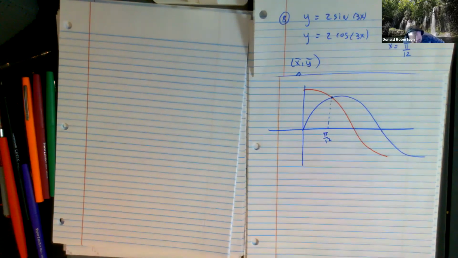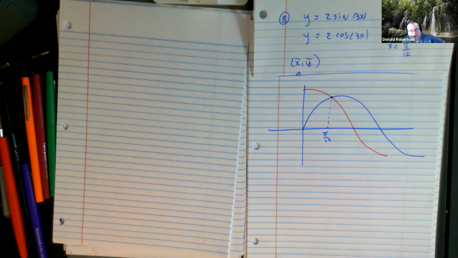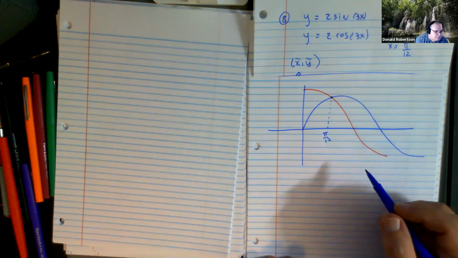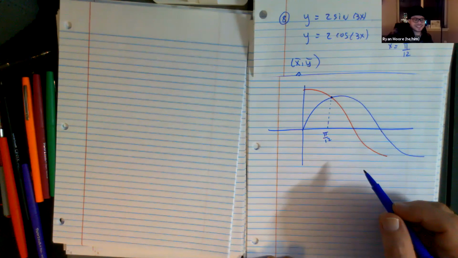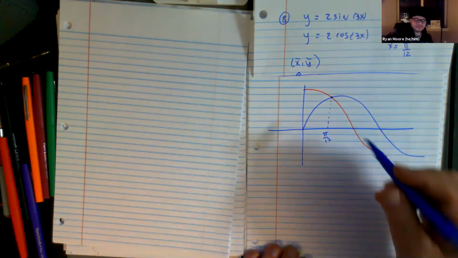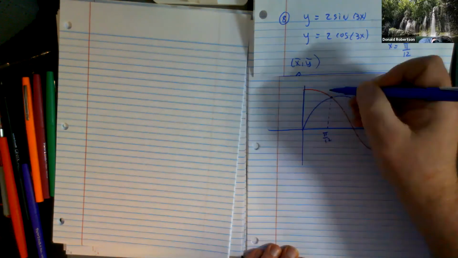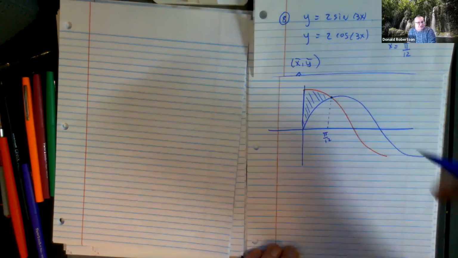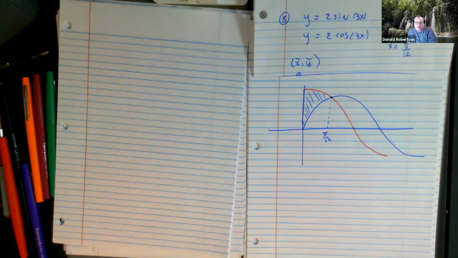What line is x equals 0? The y-axis? Yes, it is. So see this shape here that looks like an axe head to me? That's the shape that we're trying to get the center of mass of.